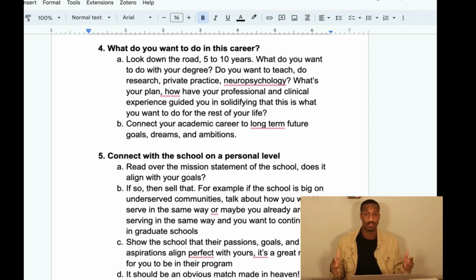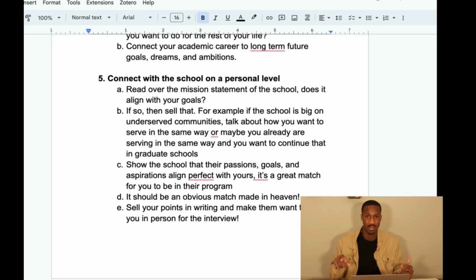And then finally, hopefully throughout this whole process, you have been connecting with the school on a personal level. All right, and this means reading over the mission statement of the school. Does the mission statement of the school align with your personal goals? Seriously. If they care about underserved populations, if they care about certain things, does that align with your goals?